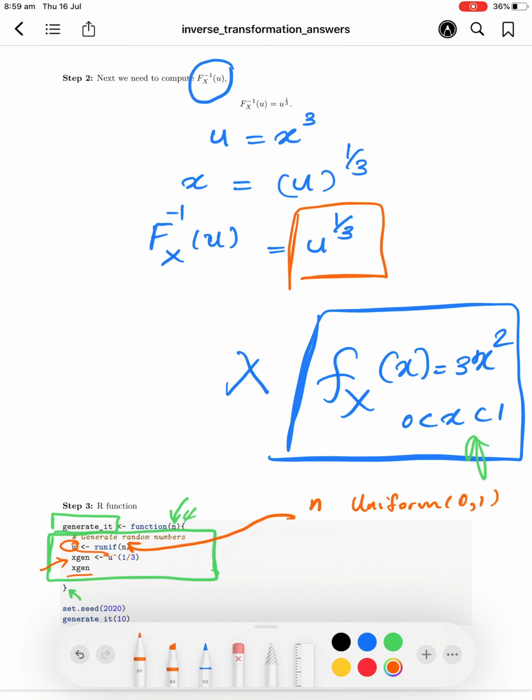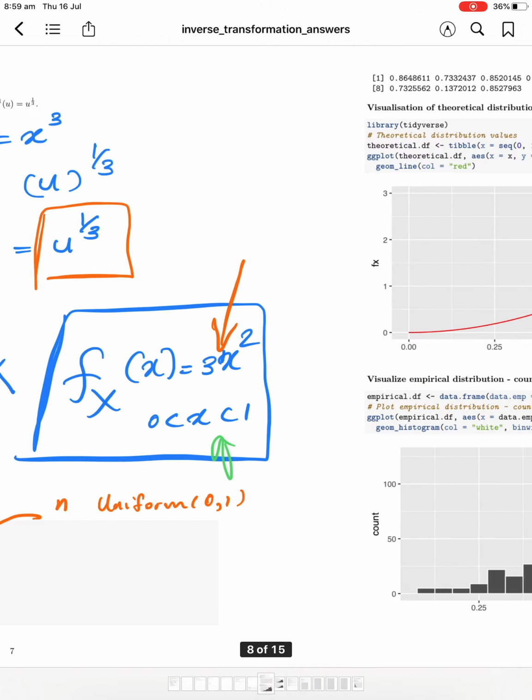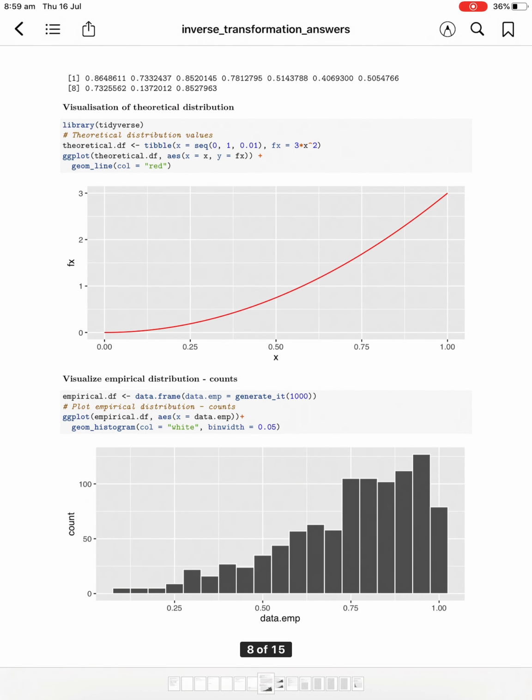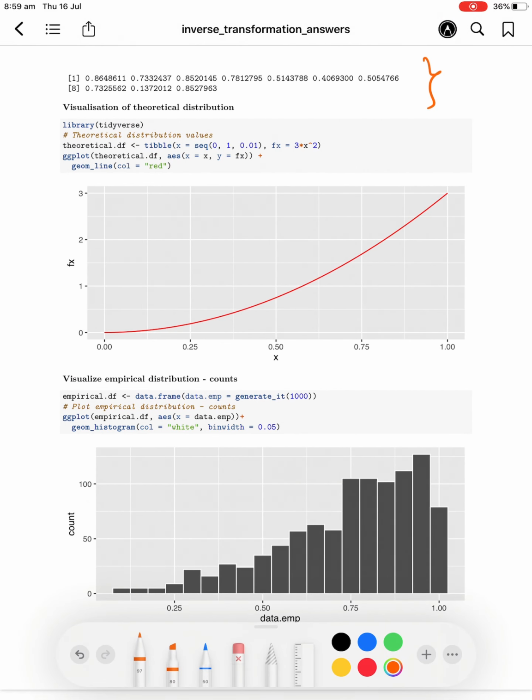So when you type set.seed 2020, this is to make your results reproducible, and generate it, then you will get 10 random numbers from this distribution. Here you have 10 random numbers from f_X(x).